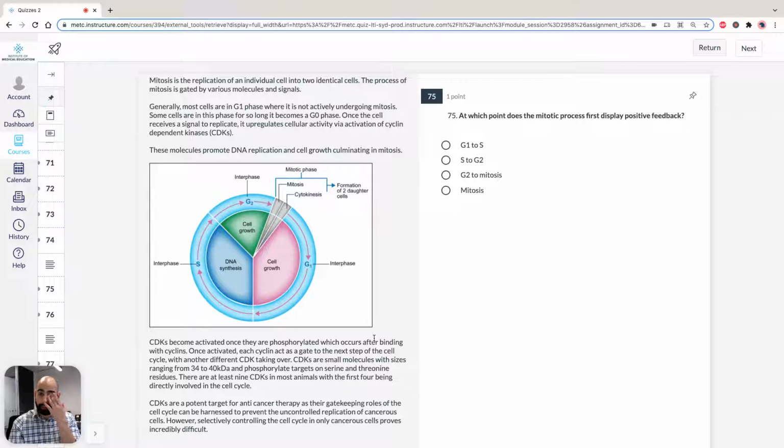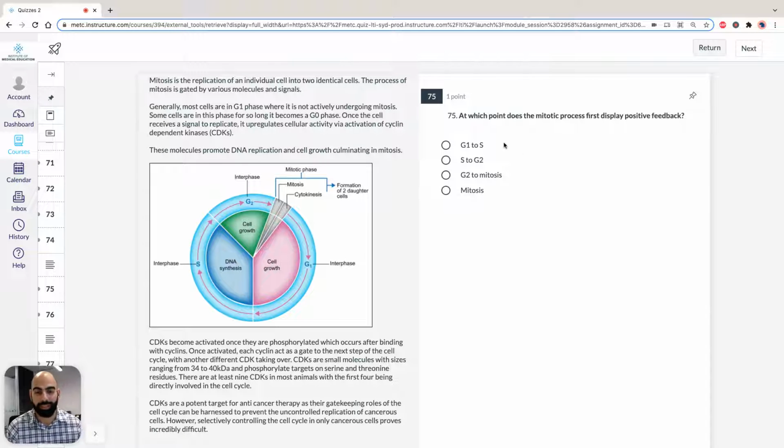Once you read the stimulus, it tells us that cyclin-dependent kinases are enzymes or proteins that regulate cellular activity and signals for replication, and signals to induce mitosis and meiosis. It's important to note that interphase is where the cell spends most of its life, and interphase precedes mitosis and meiosis.